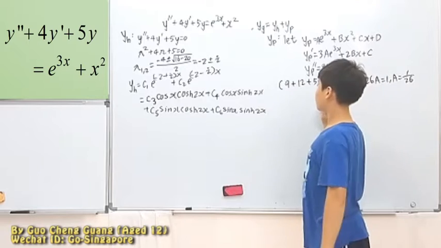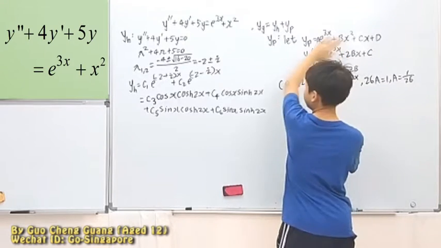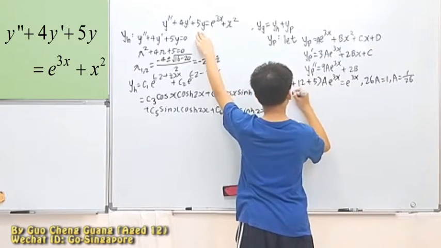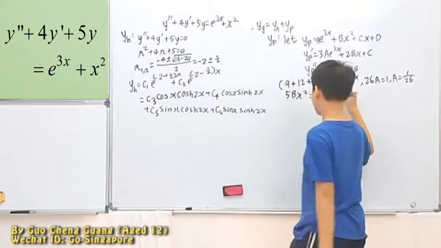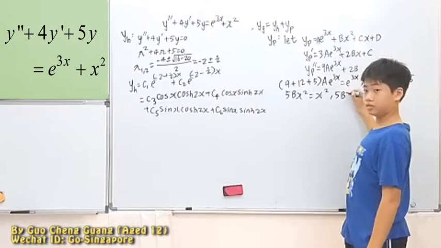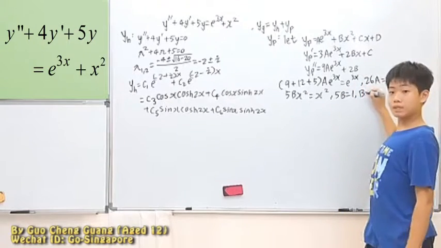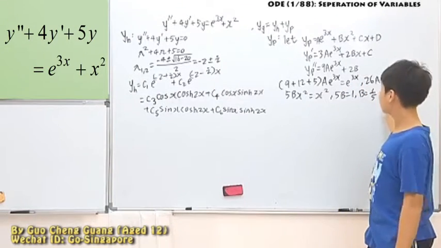Next part for b. Here's 5b, so 5bx squared will be x squared. So 5b is 1, and so b is 1 over 5.